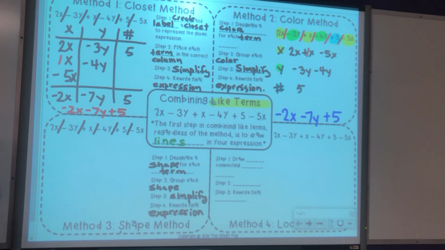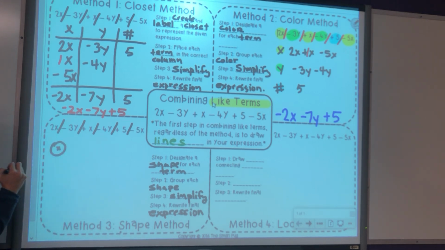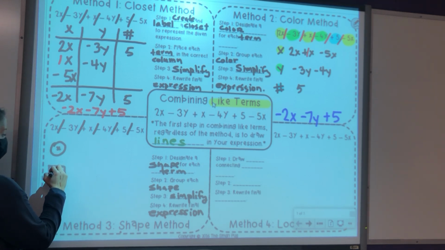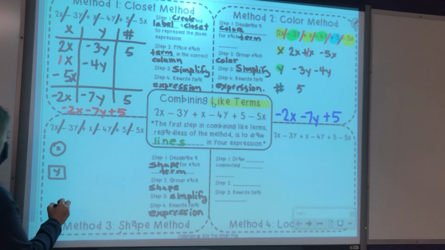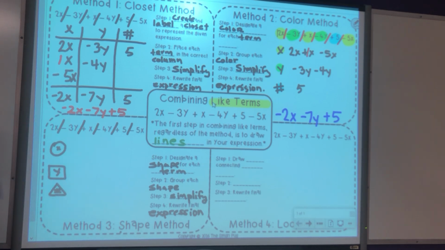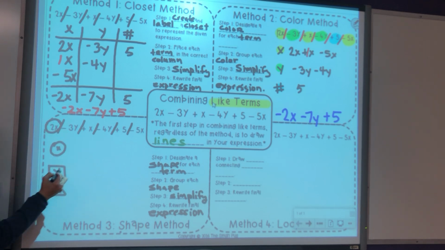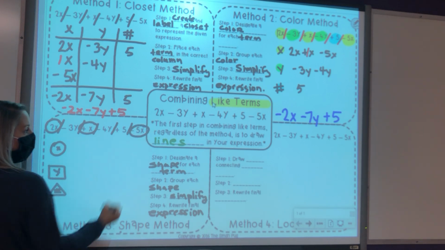All right, so circles are going to be my x terms, squares, my y terms, and then triangles are my constant terms, or my numbers. So I'm going to circle 2x, 1x, and negative 5x.